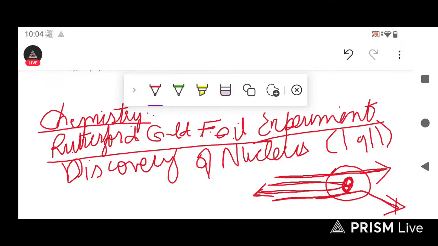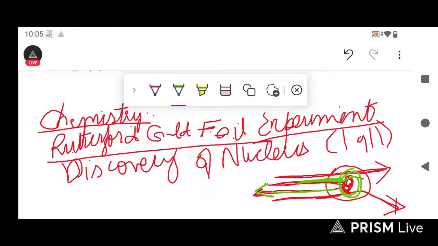Through these observations, he concluded there is a tiny, dense, positively charged region in the center. This is the nucleus. As the particles collide with the center, they bounce back, which means there must be a positively charged region in the center of the atom.